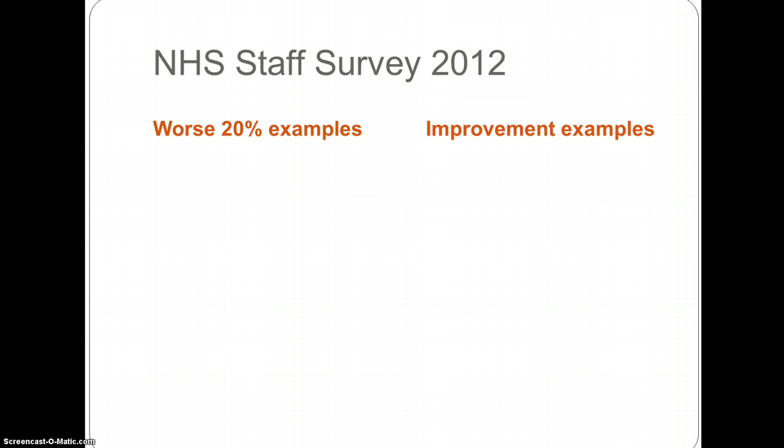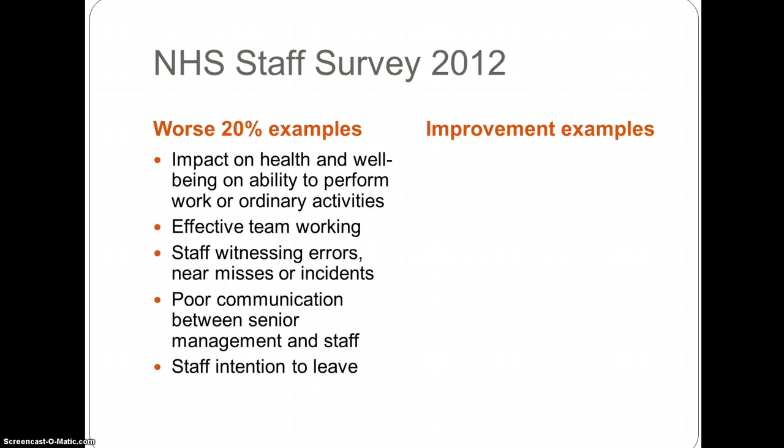So what was in the worst 20%? Examples include staff's opinions that the working environment impacts on their health and well-being, on their ability to perform work or additional activities, that there was poor effective team working, that staff were witnessing many errors, near misses or incidents, that there's poor communication between senior management and staff, and that staff had a high intention to leave.